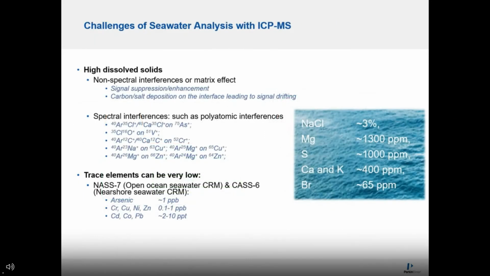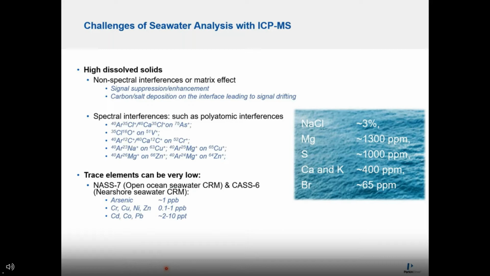Now that we have an idea of tackling the biggest challenges in analyzing seawaters, we are ready to do some actual analysis. Seawater has a salinity of around 3 to 5%, and it contains small amounts of other inorganic and organic materials. So let's recap. There are two main aspects of seawater samples that make analysis with ICP-MS challenging.